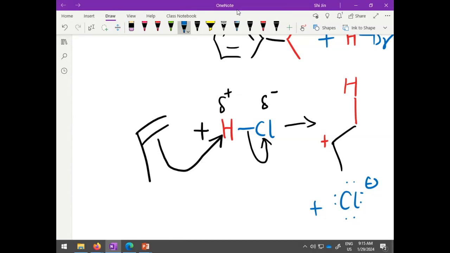In this step, two bonds will be breaking up. The carbon-carbon pi bond will be broken, and the hydrogen-chlorine bond will be broken. Both will be broken. But what bond will be formed?